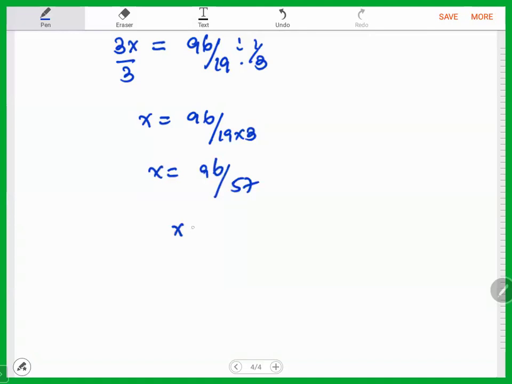So our x is equal to 32 out of 19, and that is our value of x, whereas our y is equal to 18 over 19. So we have solved the value of x and y, and therefore we have solved a system of equations using elimination.